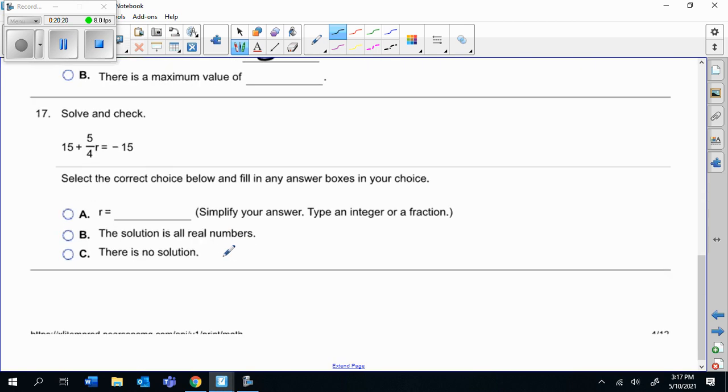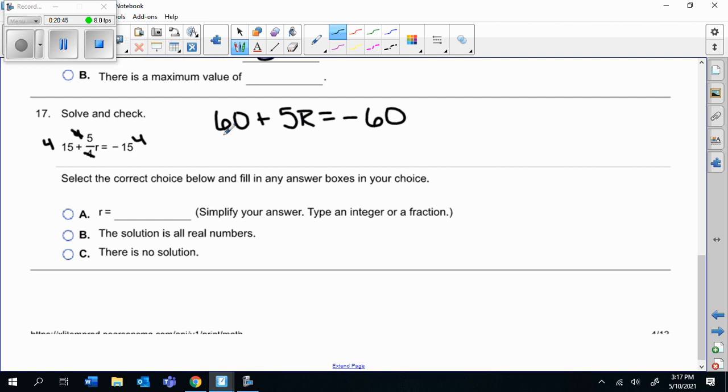All right. Solve and check. I would multiply through by 4. So 4 times 15 is 60. That's going to cancel that out. So 60 plus 5r equals negative 60.